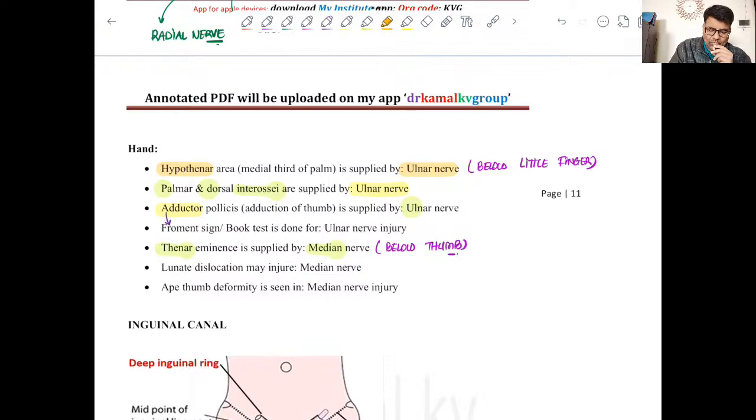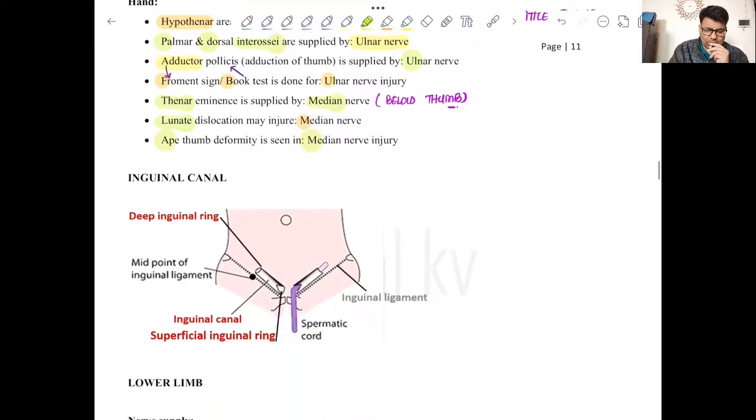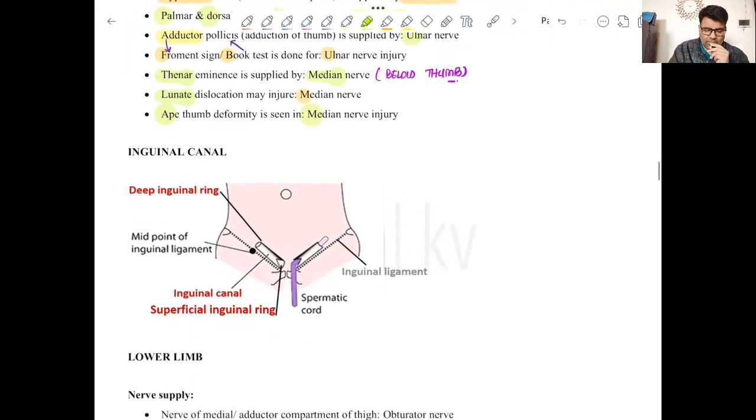So in Froment sign or book test, we check ulnar nerve injury, and actually we are checking whether the adductor pollicis is working or not. If there is dislocation of the lunate bone, it can injure the median nerve, and in median nerve injury we can see ape thumb deformity, pointing index, which are the important signs.